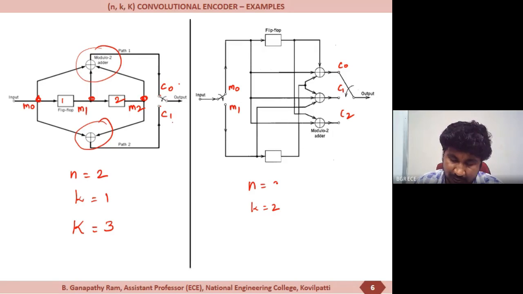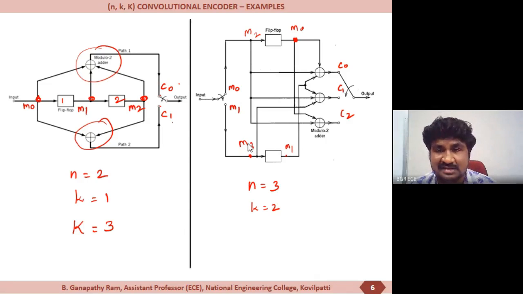So n is equal to 3, and here if you take C0, suppose this is M0 and this will be, at the next time, M2, and suppose this will be M1, this will be M3 for the next time durations correspondingly.